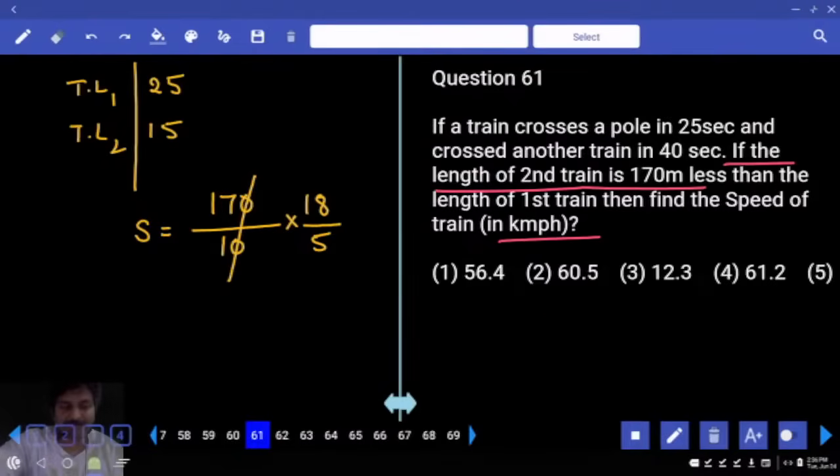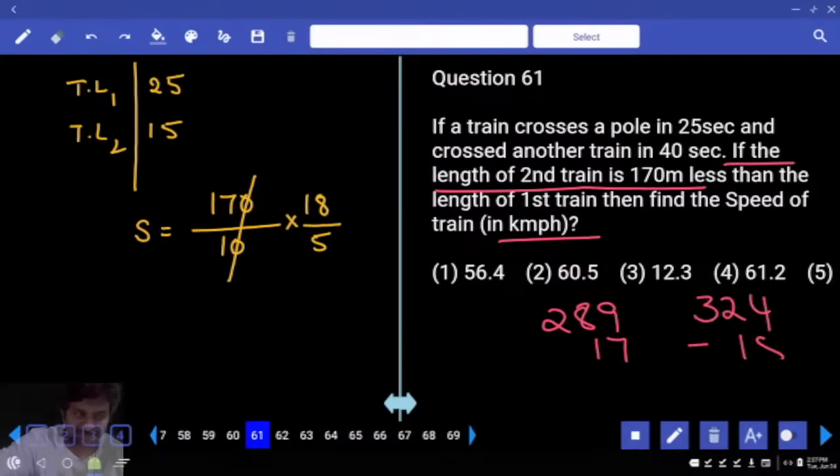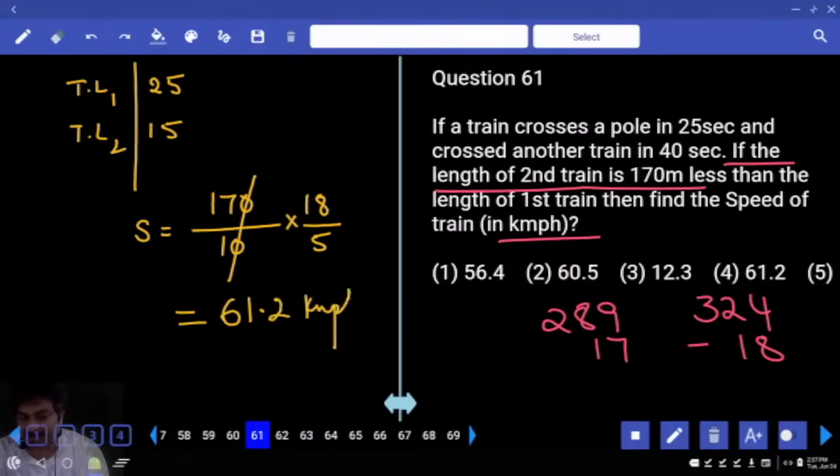Small number square, 289, plus small number, 306. Or big number square minus big number, 306. Divided by 5 in the sense divided by 10 into 2. 306 by 10 is 30.6, into 2, 61.2 kilometer per hour.